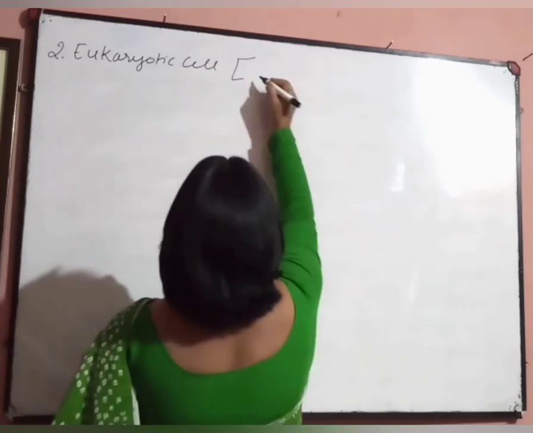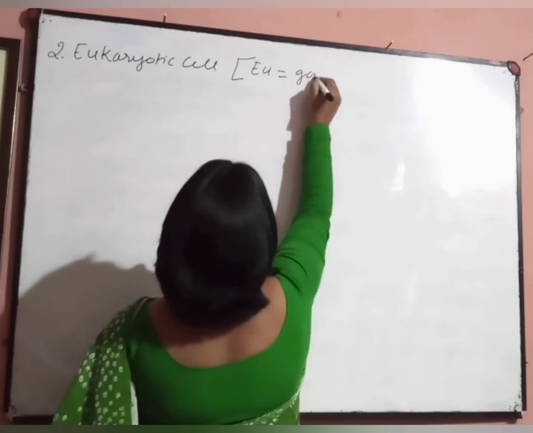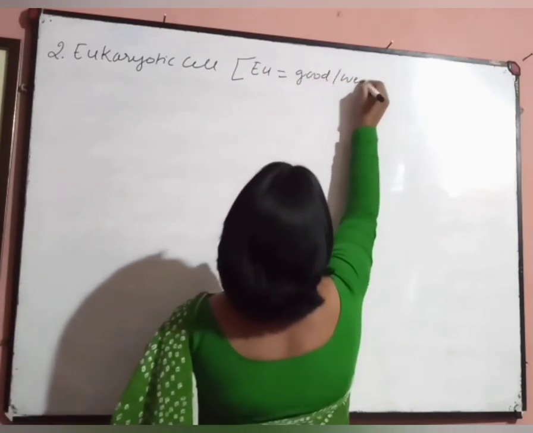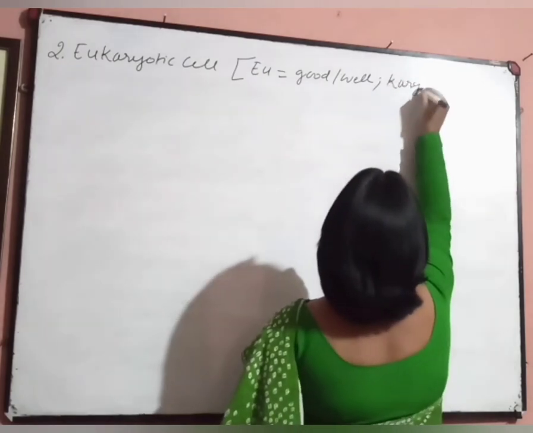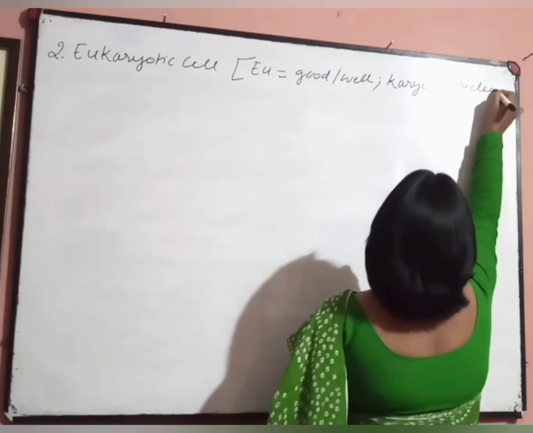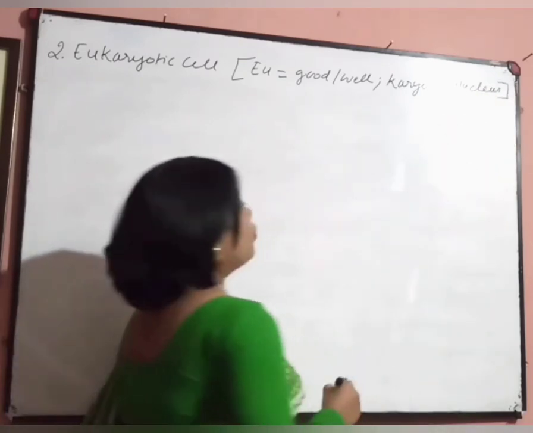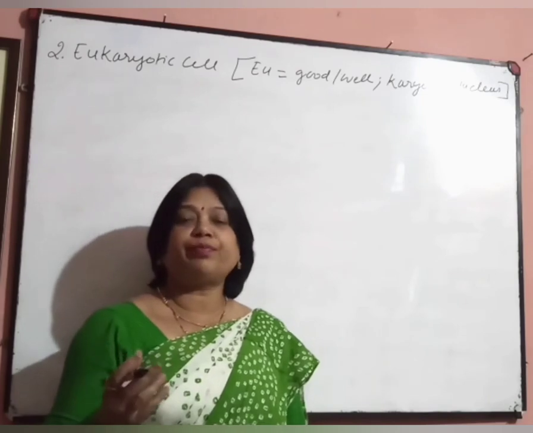Second type, eukaryotic cell, means eu is good or well and karyon is nucleus. That means well defined nucleus or good nucleus.